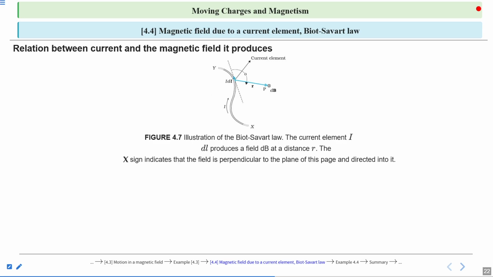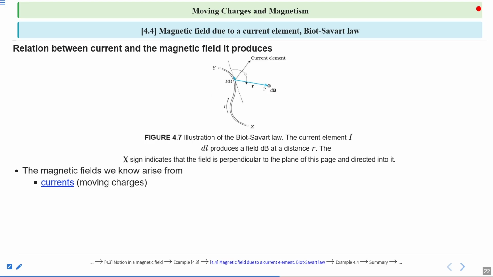The current element I dl produces a magnetic field dB at a distance r. So magnetic field, we know, arises from currents. We have discussed in Oersted that what Oersted observed was that moving charges or currents produce magnetic fields.